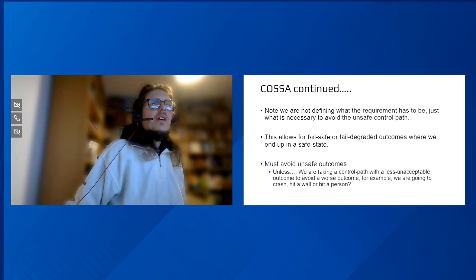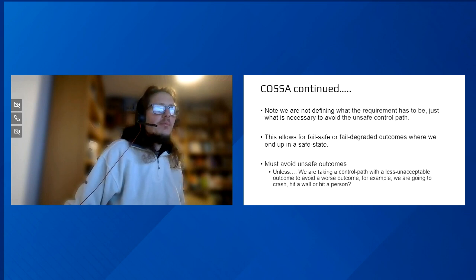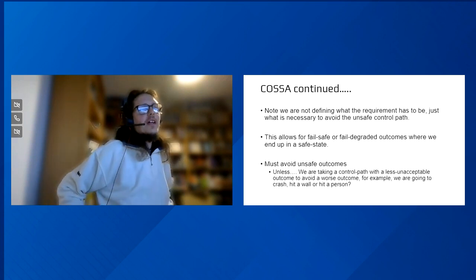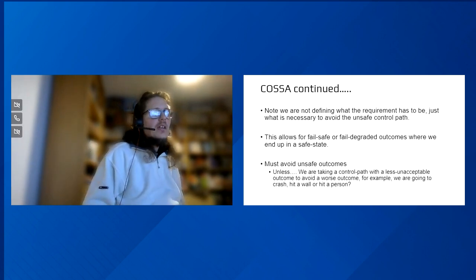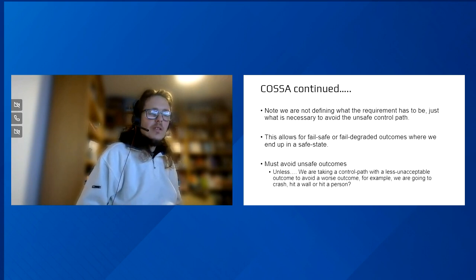Note that we are not defining what the requirement has to be, just what is necessary to avoid the unsafe control path. So this approach also allows for the idea of fail-safe or fail-degraded items where we end up in a safe state. So for fail-safe, we are not necessarily guaranteeing that we perform the function, but we do guarantee that we go into a safe state where we cannot do something which would generate harm.